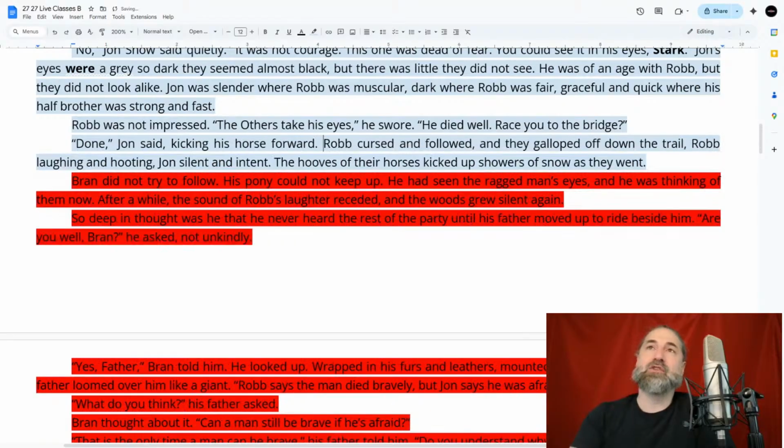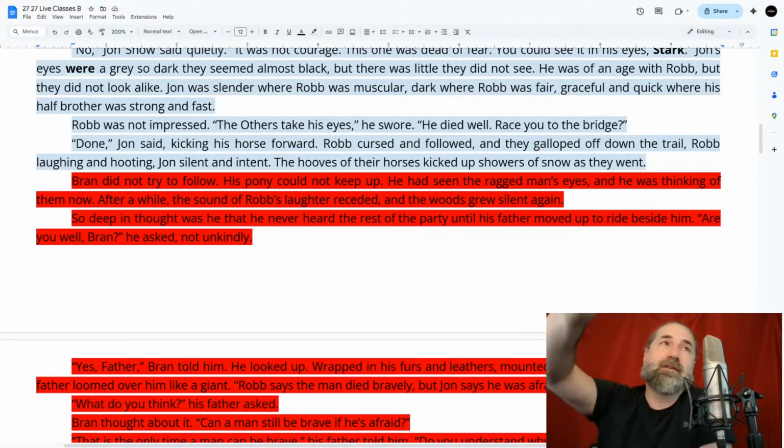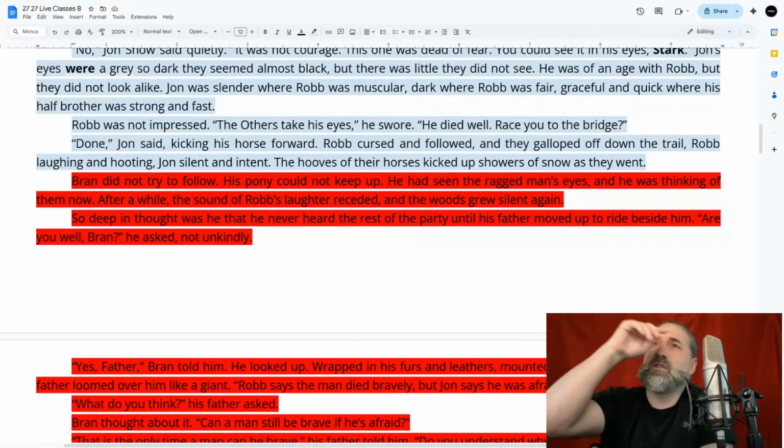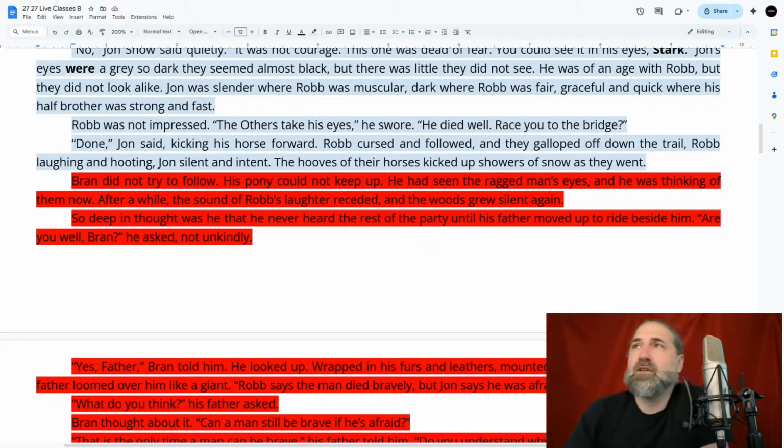I would have made that a new movement personally, but as per the original text, it is one long movement. "Done, Jon said, kicking his horse forward. Robb cursed and followed." The only reason I would change the movement is because we're in Robb's POV. Anyway.